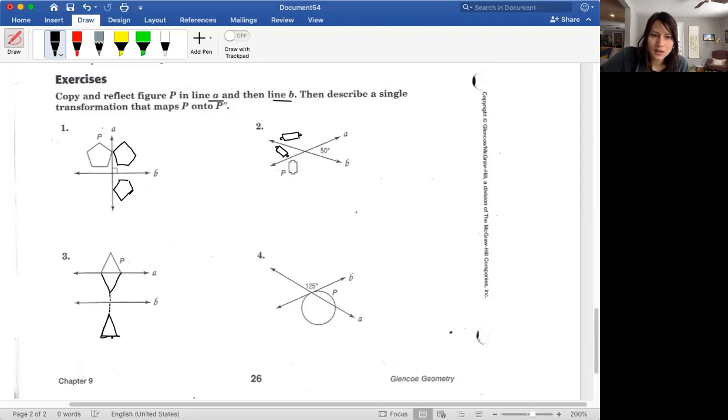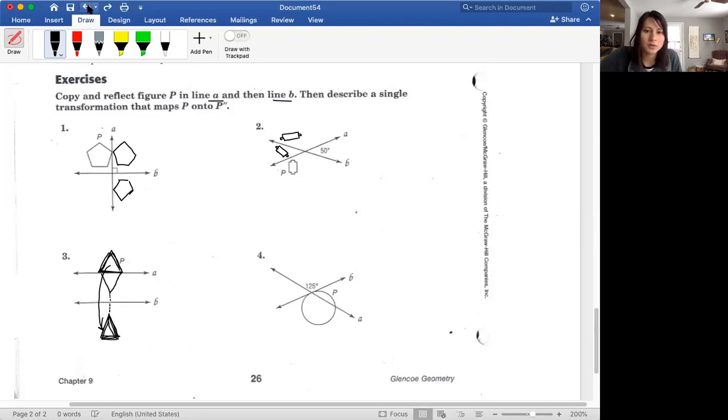And then look at this. This triangle P is just a translation, right? It's just moved down, okay? Reflecting over A, let's see. Oh, that's B actually.